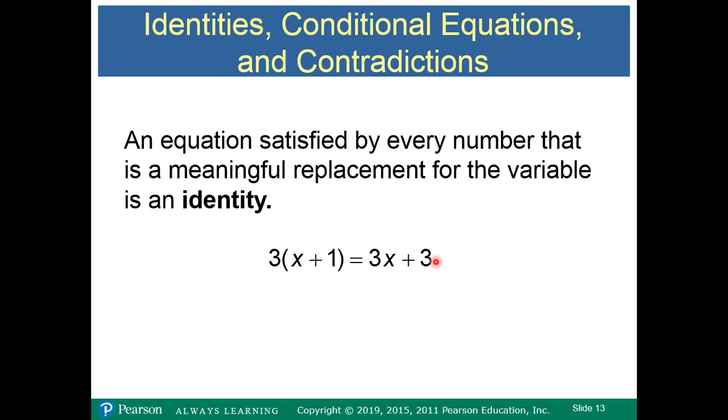Now, an equation satisfied by every number that is a meaningful replacement for the variable is an identity. And so an identity is true no matter what x is. In fact, you always know an identity because x will fall out. x will disappear.